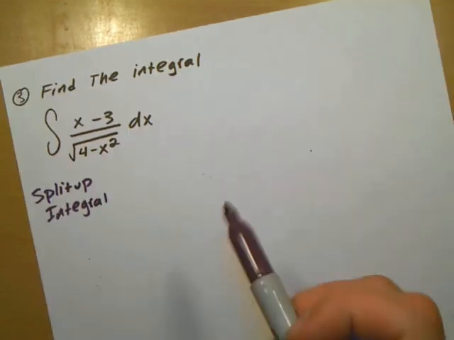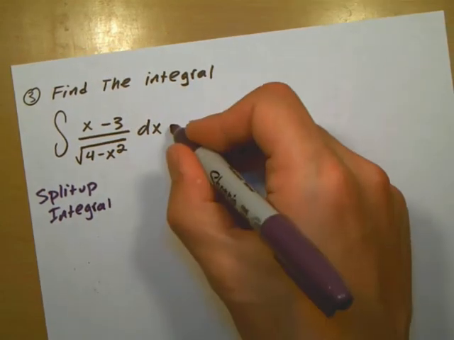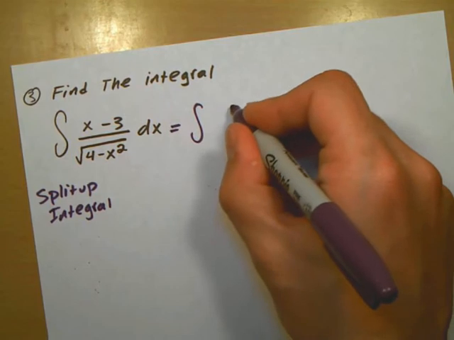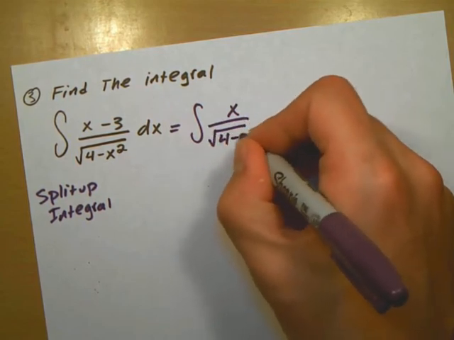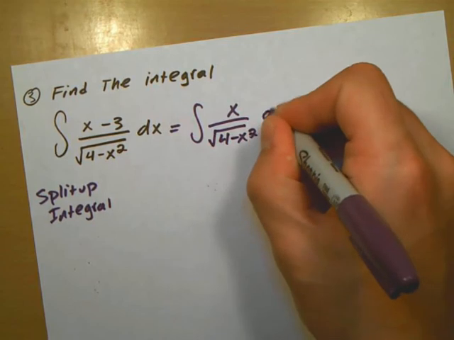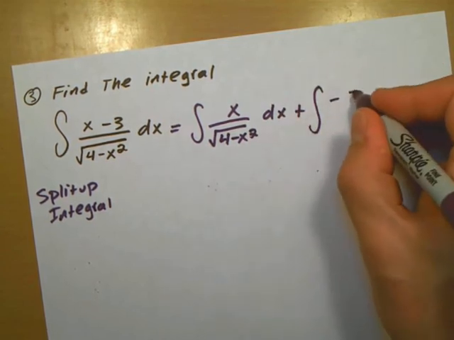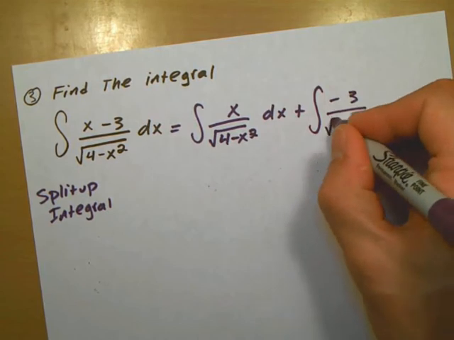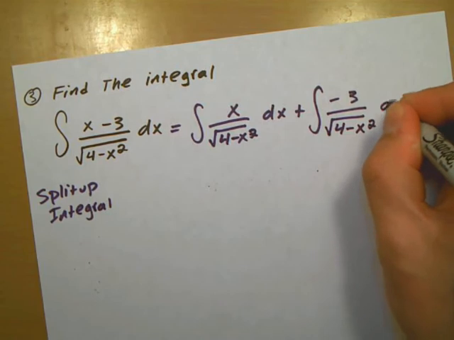What I mean by that is I have 2 terms in the numerator, so I'm going to write this out twice: x over the square root of 4 minus x squared, and then plus the integral of negative 3 over the square root of 4 minus x squared dx.